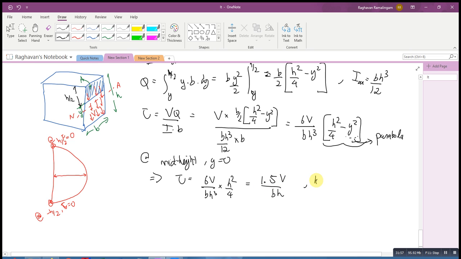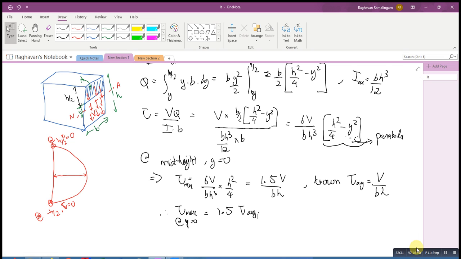We also know that tau average is nothing but V by the cross-sectional area, which is bh. So therefore, tau max, the maximum tau at y equals 0, is 1.5 times tau average. So this is how the shear stresses in different cross sections can be found.